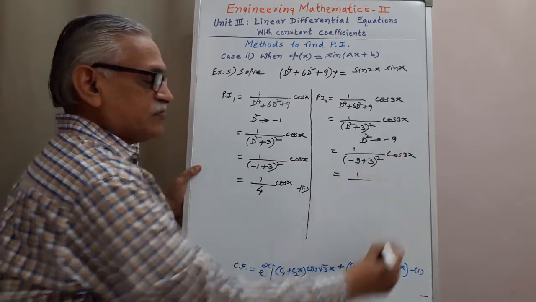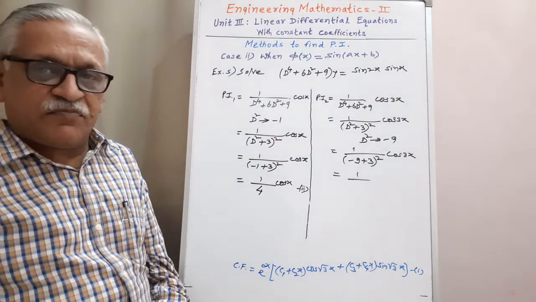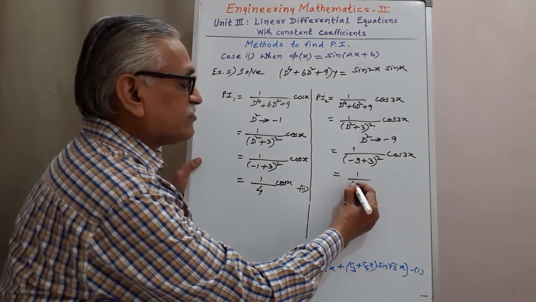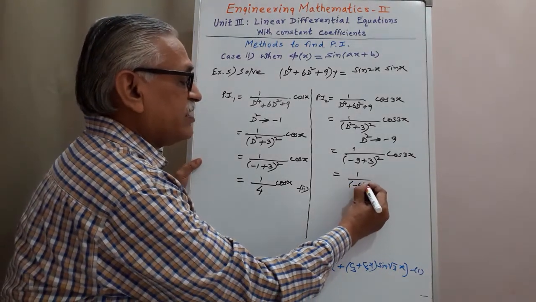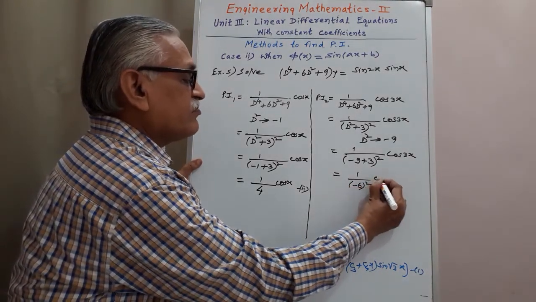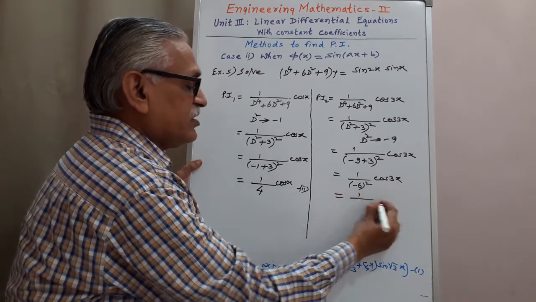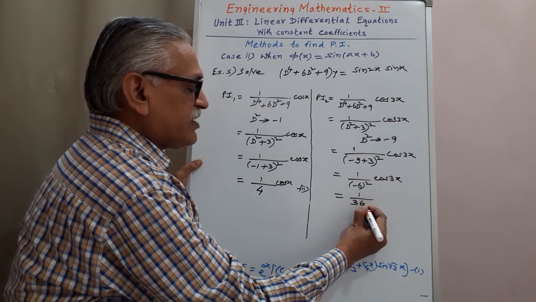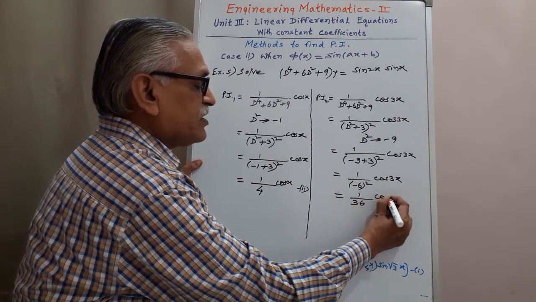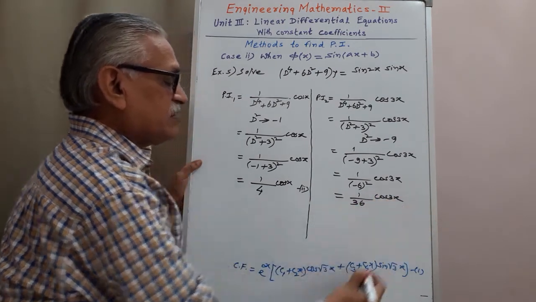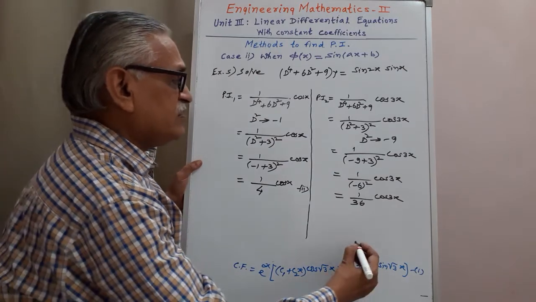It is 1 upon minus 9 plus 3, we get minus 6, and that square of it, therefore it is 36, 1 by 36 into cos of 3x. Next, equation number 3.